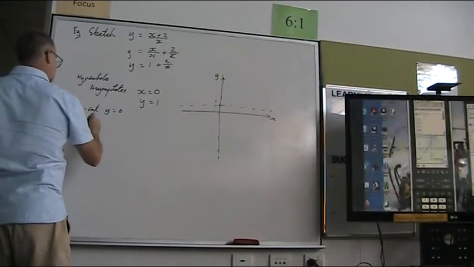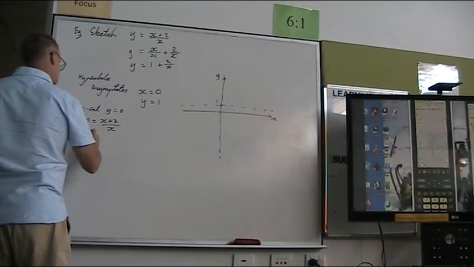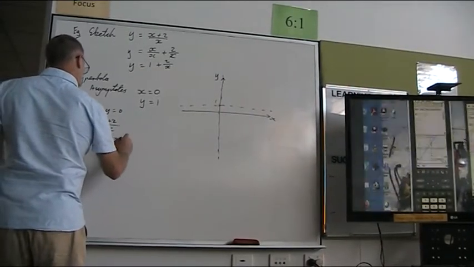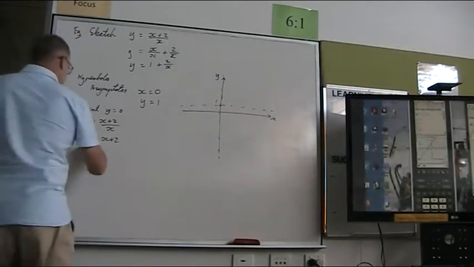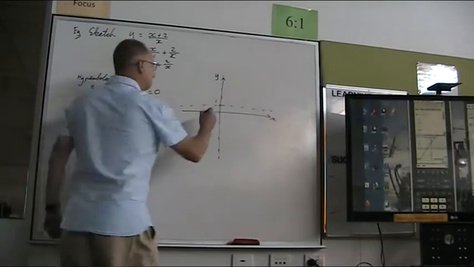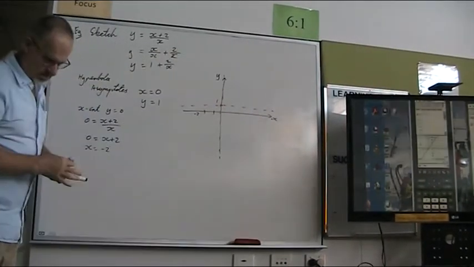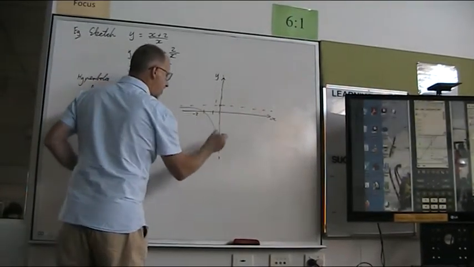So 0 equals x plus 2 over x, times both sides by x. 0 is going to be x plus 2, so x is -2. So we know that our graph goes like that.